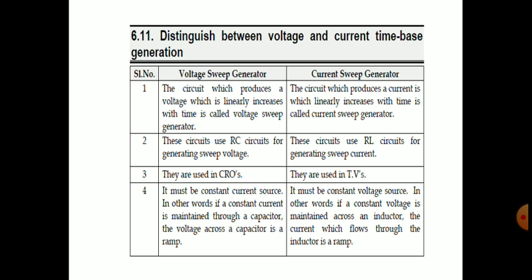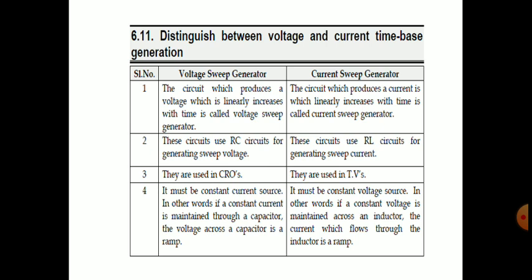The next topic is to distinguish between voltage and current time-based generators. We have seen that two types of time-based generators are there, the voltage one and the current one. So what is the difference between them? The circuit which produces a voltage which increases linearly with time is called a voltage sweep generator.